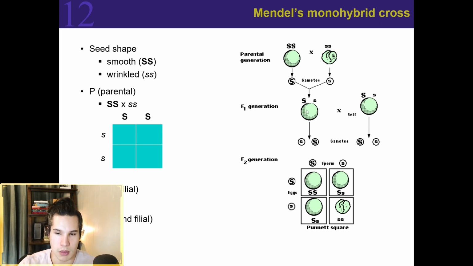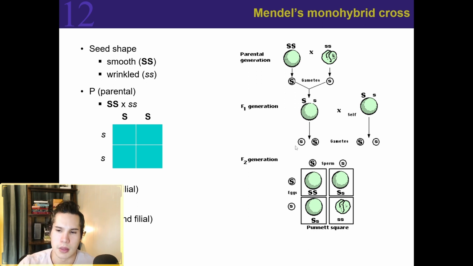And then what he does is he mates big S, little s with big S, little s. And these are just the gametes that they're contributing. You could have a little s gamete, or you could have a big S gamete, because they're heterozygotes. Hetero meaning different. So you have 2 different variants of the same letter in this sense.